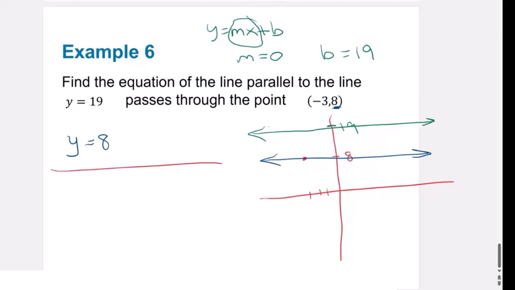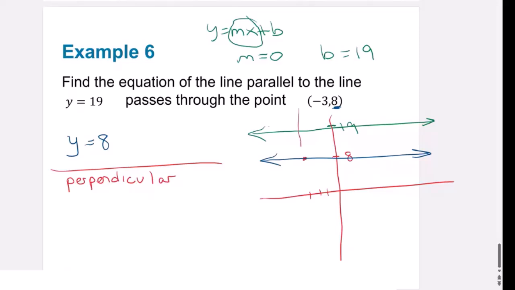And then okay, so let's just do it while I have it here. So if it was find the equation of the line perpendicular to y equals 19, and it has to pass through this point here, remember?